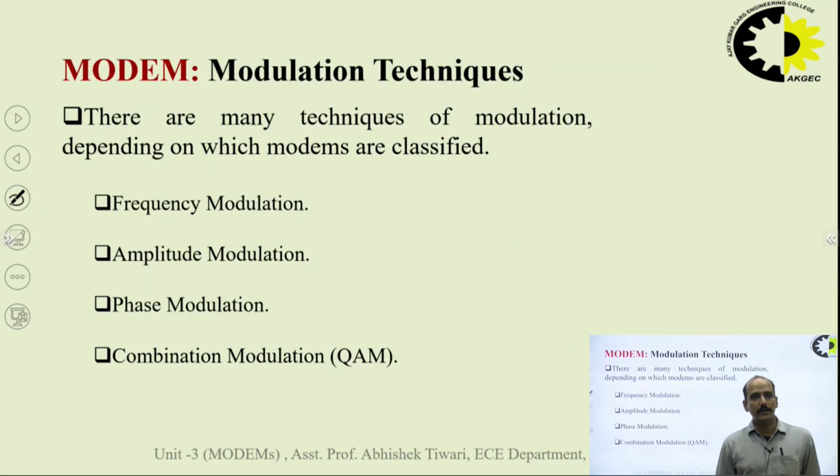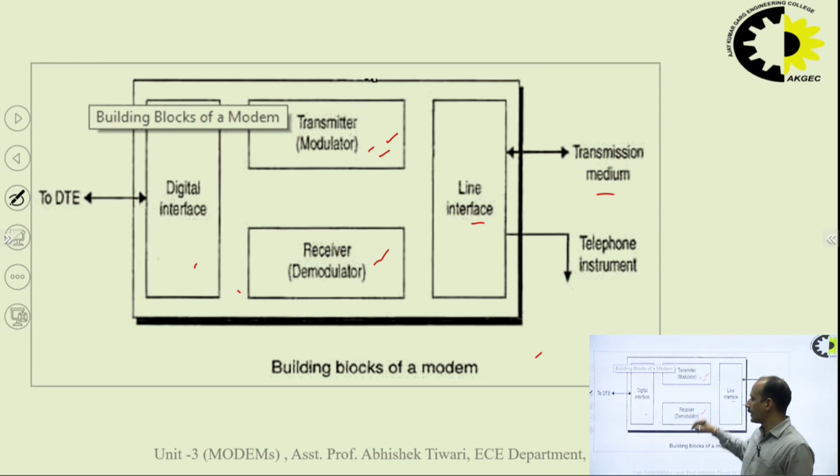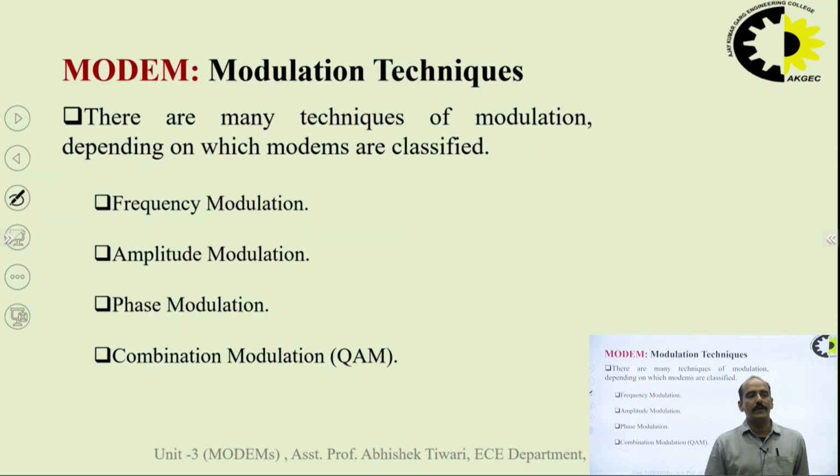If we talk about the modulation or demodulation technique, we have to consider the modulation techniques used by the modem. In a modem there are many techniques, and the most frequently used modulation techniques are FM, AM and phase modulation.